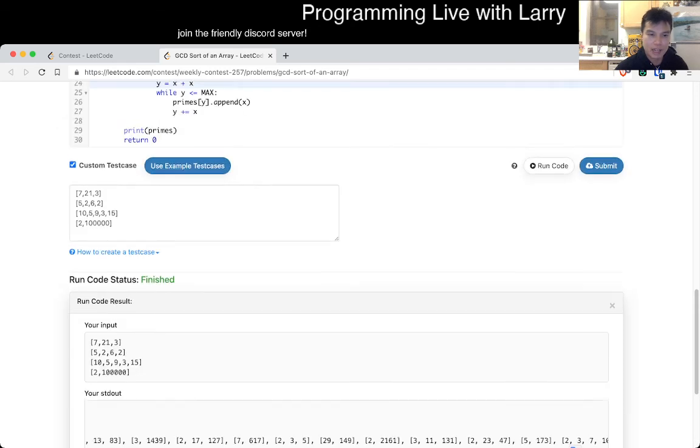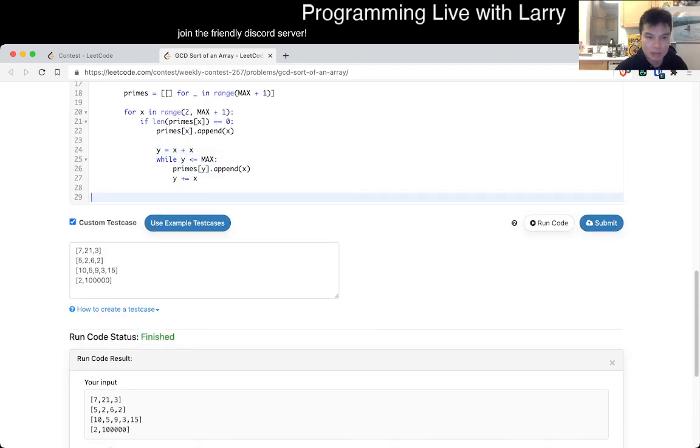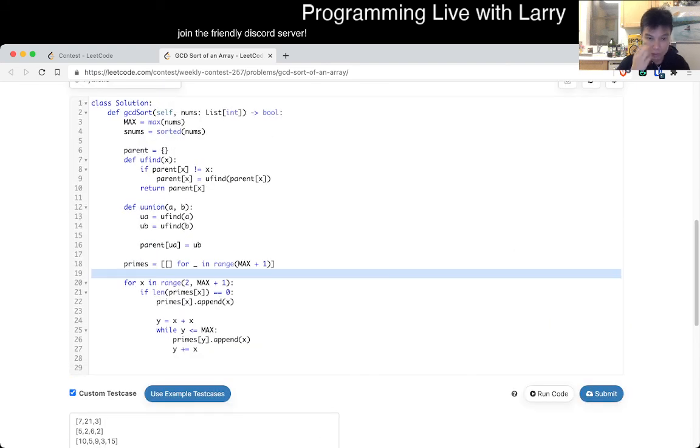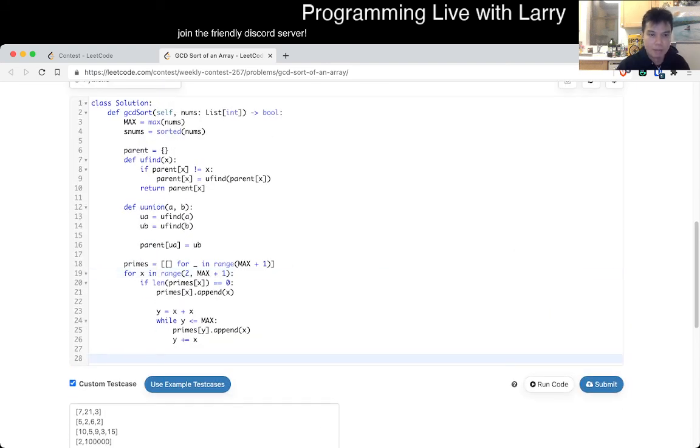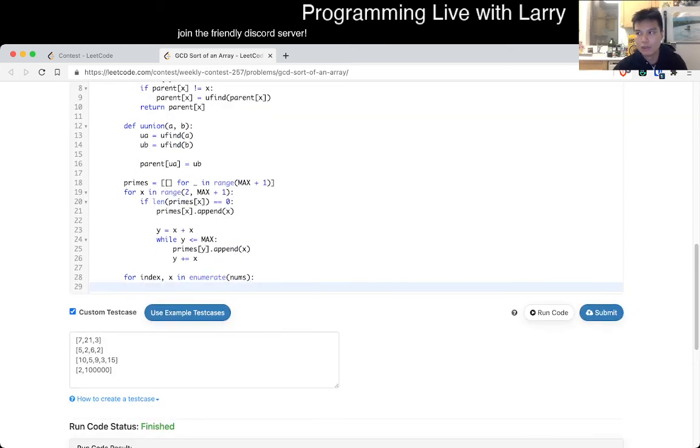So okay, now we have the lookup table for the sieve. Then now we just have to go for the x. Okay, for x in nums. Let's also get the index. So what does this mean when we see a number? When we see a number, it means that we want to group all the things together.